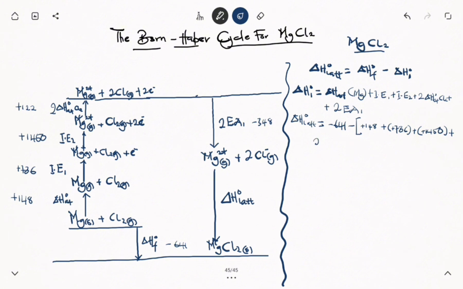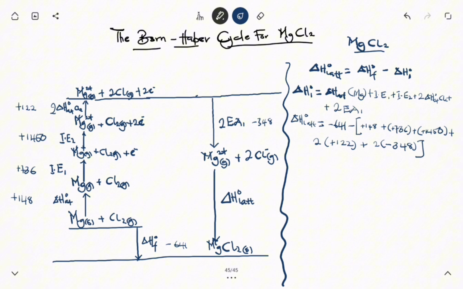Now that one is 2, so 2 times 122, and then 2 times the electron affinity, which is over here. We have minus 348, brackets close, and then the square brackets.